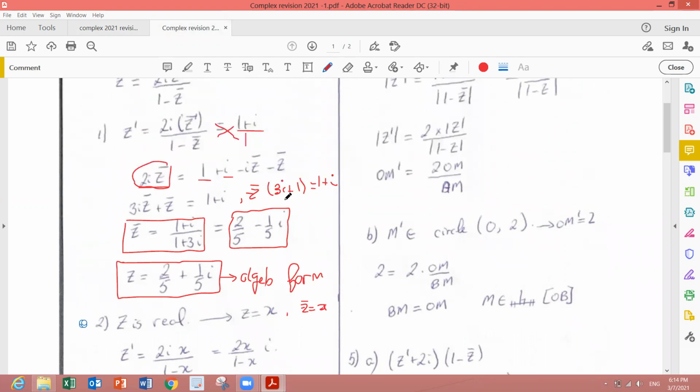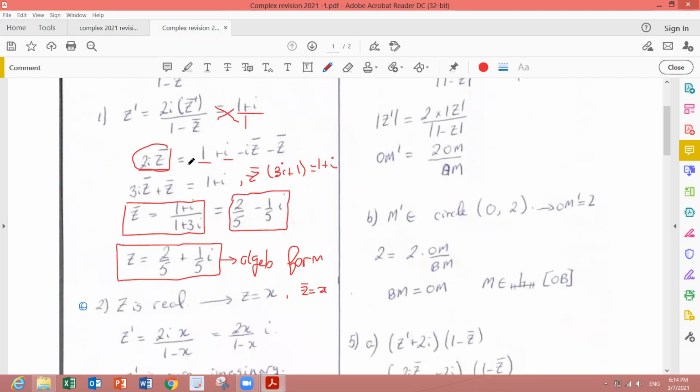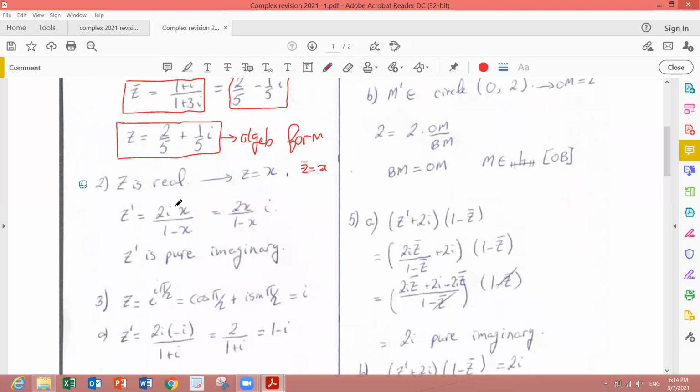Now Z prime is 2i Z bar over 1 minus Z bar. Z bar is x, so it will be 2ix over 1 minus x. I can write it as 2x over 1 minus x times i.